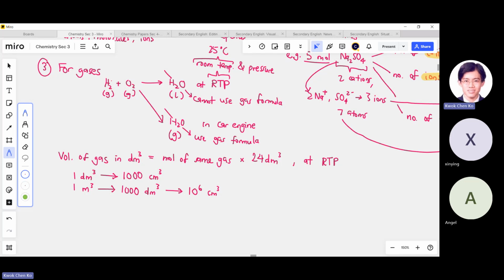Right, so very simple. Let's say I have the example. I have 100 dm cube of CO2. How many moles of CO2 is this?